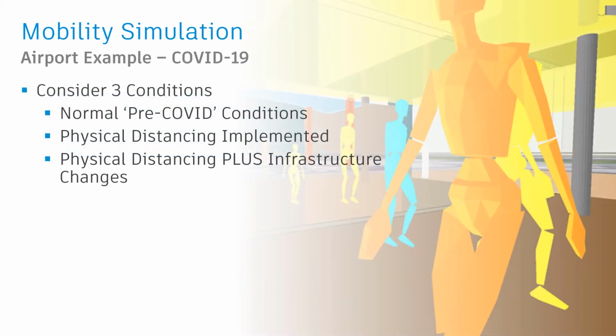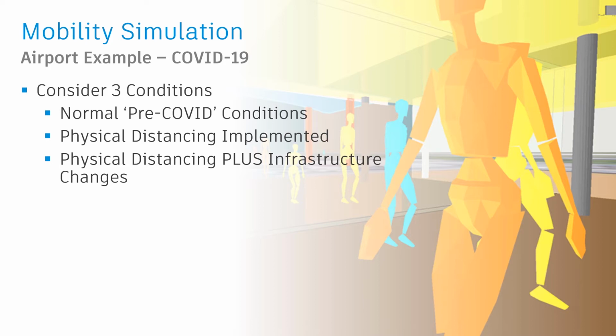Okay, so we've now got a number of different examples of where these properties and parameters have been applied and what effect we can see from them. For this airport example, we're going to look at 3 different conditions. We're going to look at the normal pre-COVID conditions with no limitation on movement.